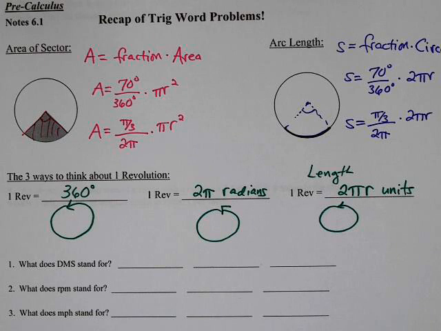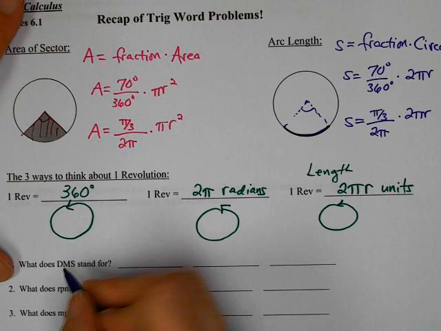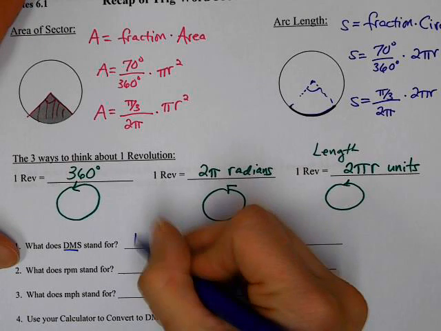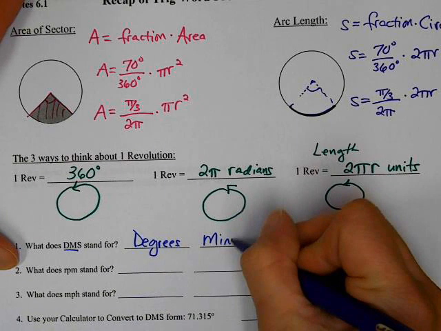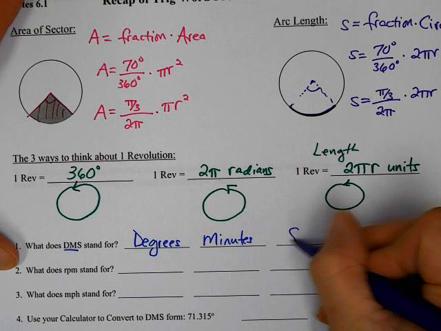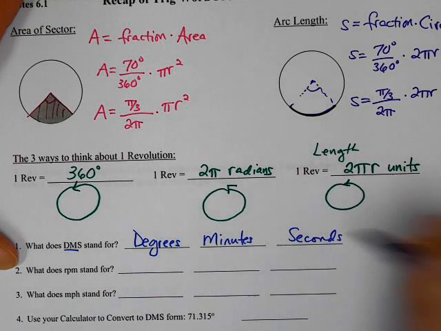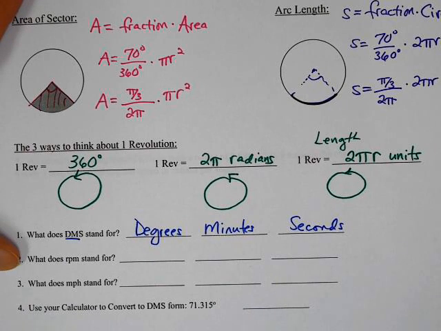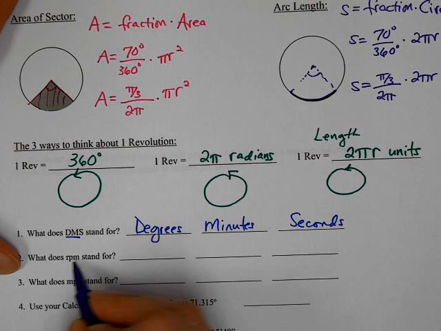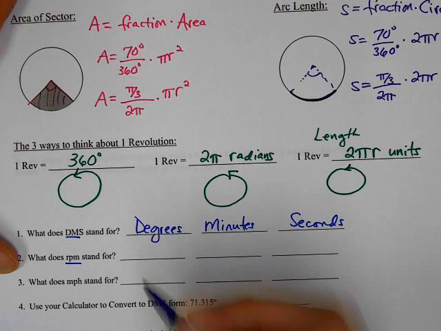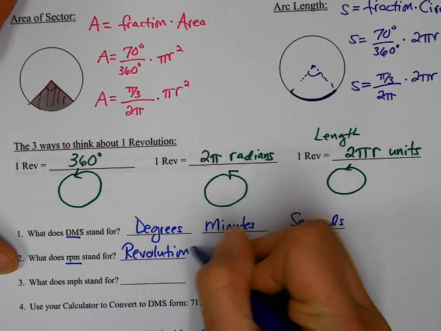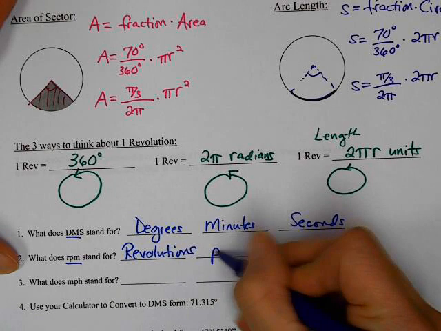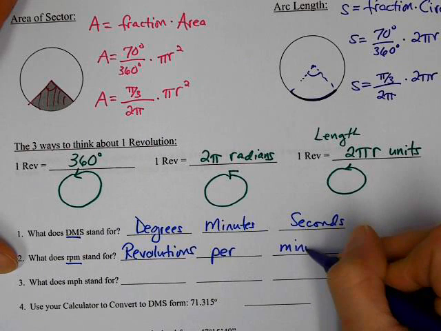Some other things you should know. DMS, what does it stand for? Degrees, minutes, and seconds. And you should know where the DMS button is in your calculator. RPM, a lot of times the word problem will say, what is the RPM? And that's revolutions per minute.